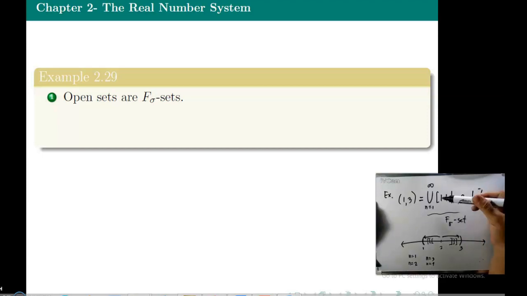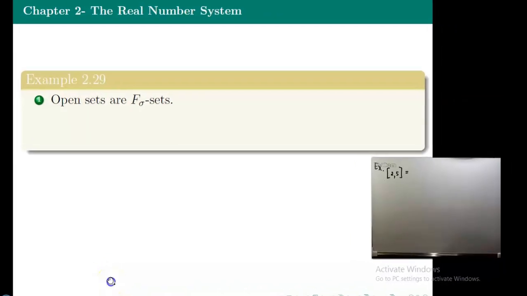So 1 plus a number greater than 0 is never 1, and the same thing holds for 3. That's why the countable union of closed sets here is equal to the open interval from 1 to 3. So, again, an open set is an F sigma set.